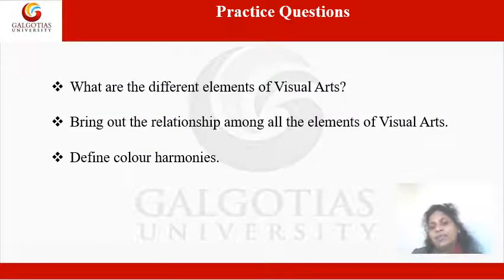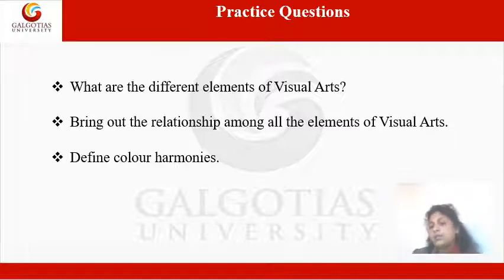Okay, now the final homework. As we studied the elements of visual art, on the basis of that study, you yourself have to define the different elements of visual art and their relationship with one another.